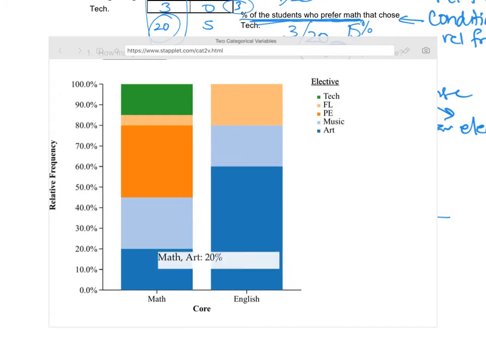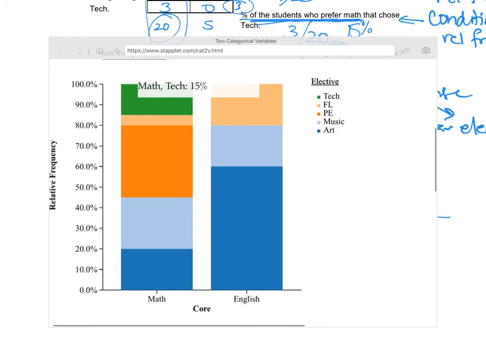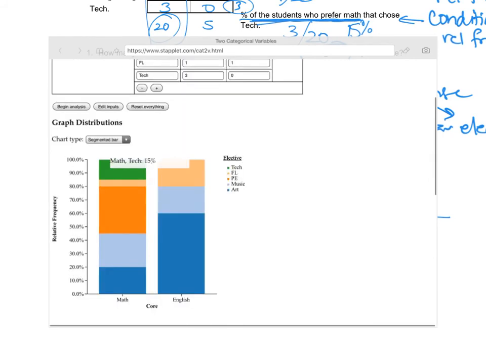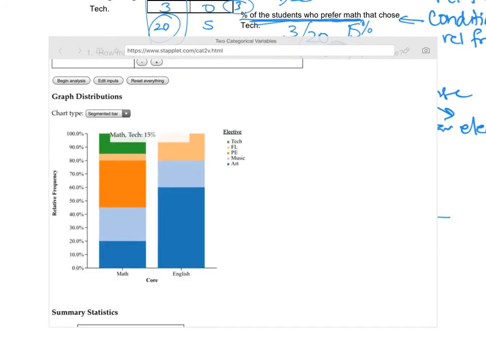You add 20 plus 25 plus 35, that makes you up to 80. That was only 5%. And then technology was 15, and the total is 100. It's almost like taking a pie chart, oopsie, and making it into a rectangle out of 100%. And so this is the one for English, okay?